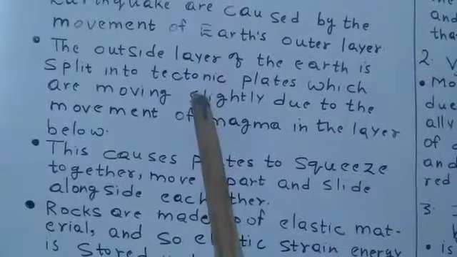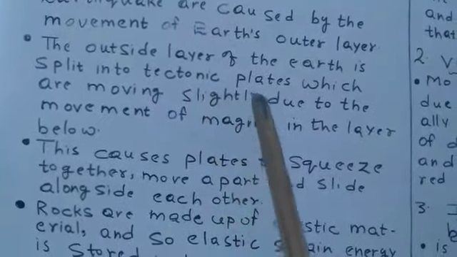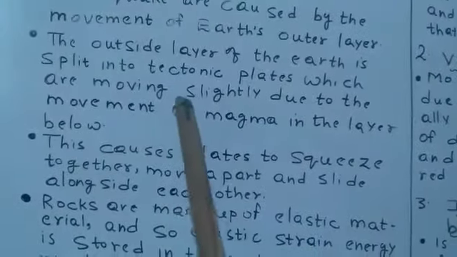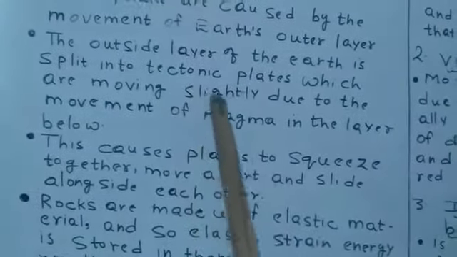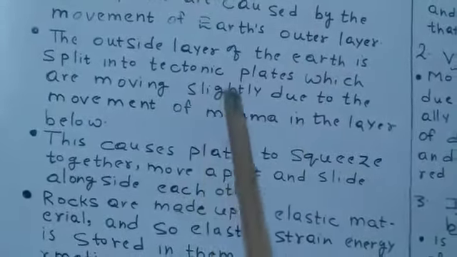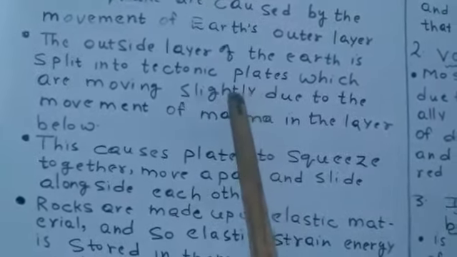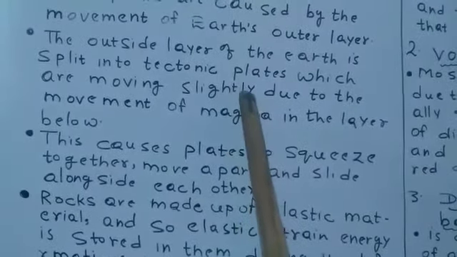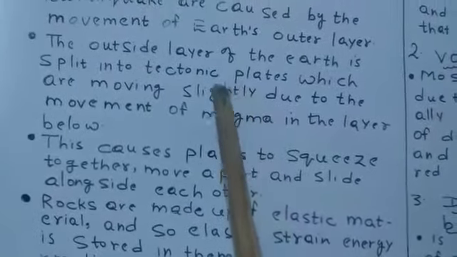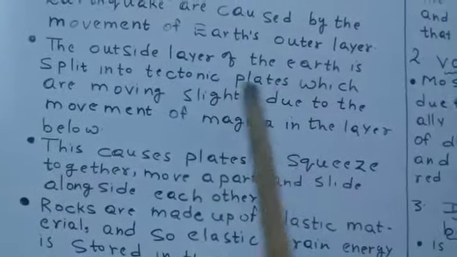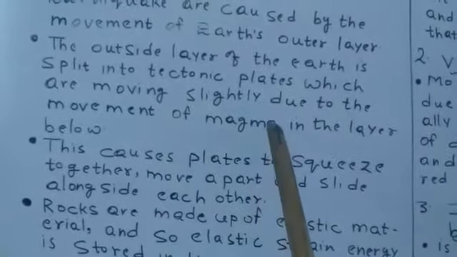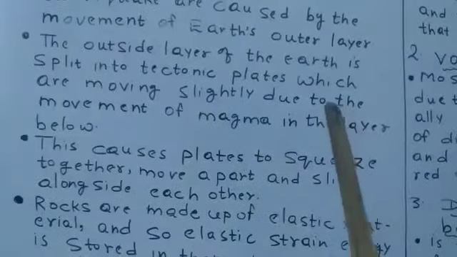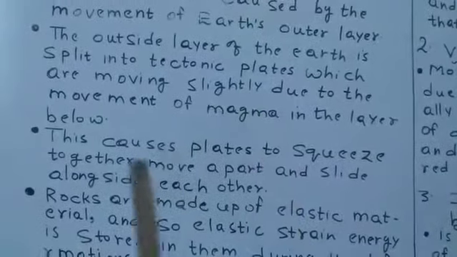Sometimes we have seen that the plates move towards each other, which is called convergent plates. Sometimes they move away from each other, which is called divergent plates, and sometimes they slide past each other, which is called transform plates. So these three types of plate movement due to convectional currents affect the plates' movement.